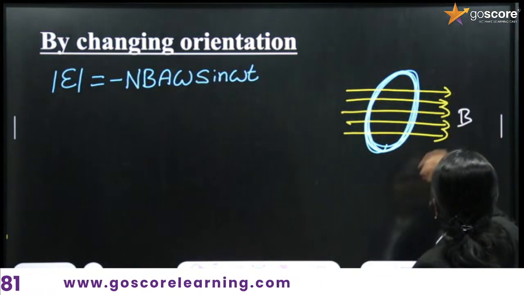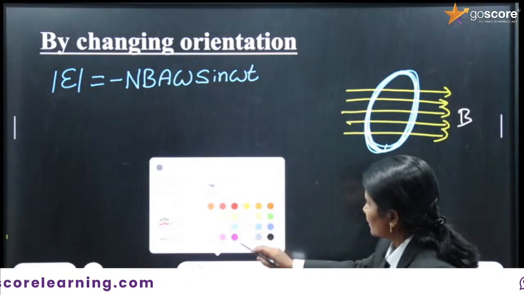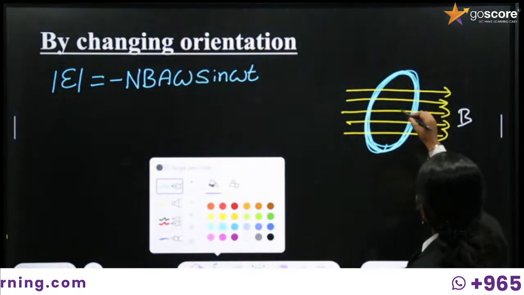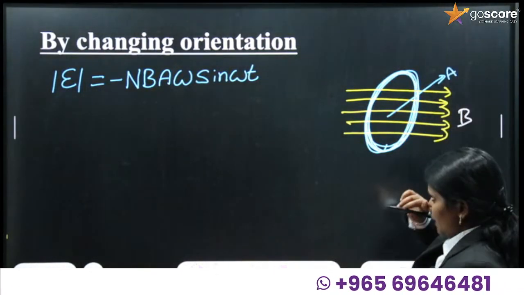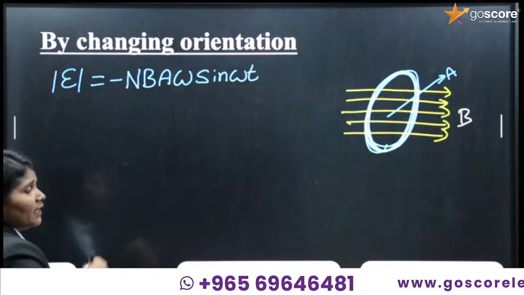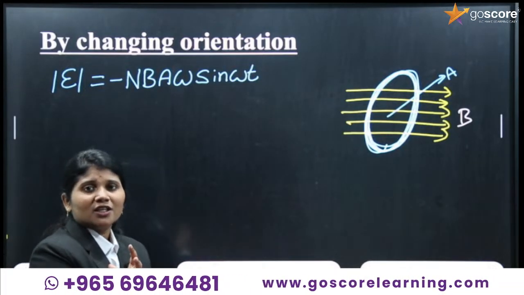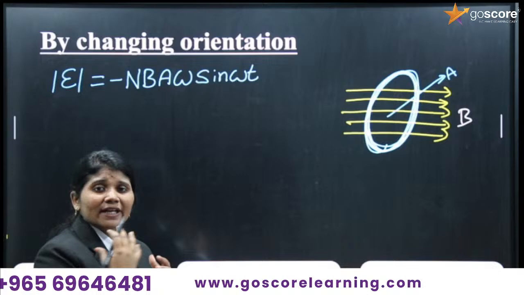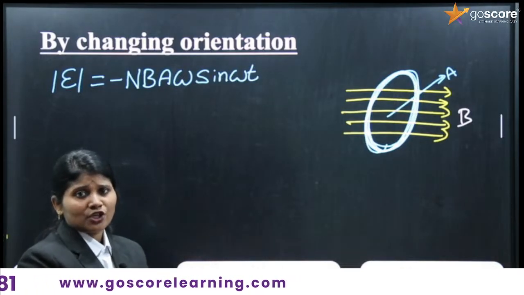I am indicating it as B. And one more thing here, area. Then what is happening here, guys? Coil orientation will be changed.